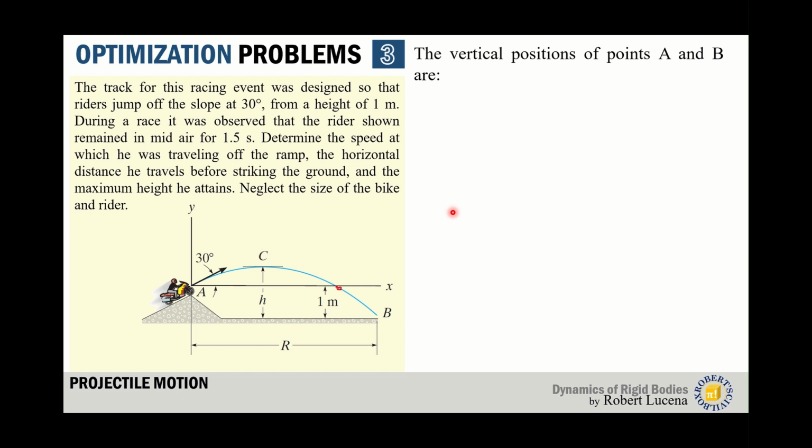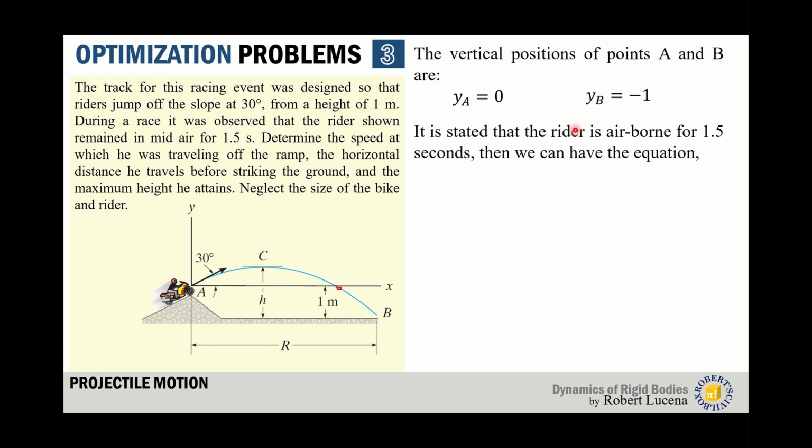So, the first thing we do, we establish point A, which is our reference. Which means our position will be measured at point A, which is 0, 0. So, yA is 0, and yB, this is given, is negative 1.